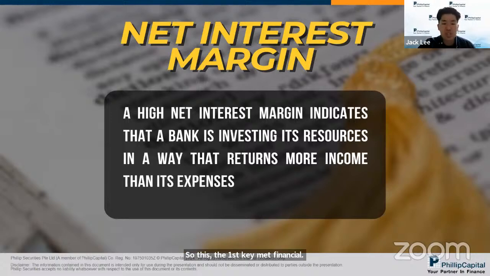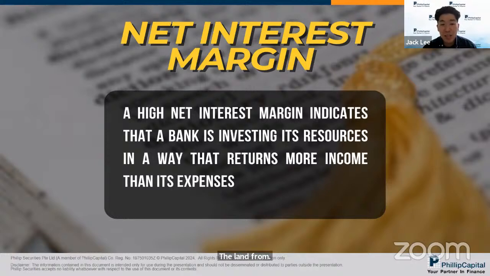So what is net interest margin? For a bank, a high net interest margin indicates that the bank is investing its resources in a way that returns more income than its expenses. So the net interest margin reflects the difference between what the bank borrows from us and what it loans out. So basically it is the difference between the percentage of interest they charge on lending and what they pay on borrowing.